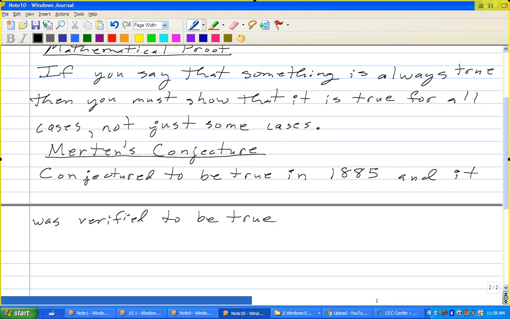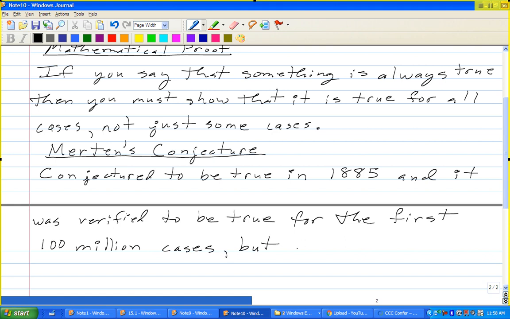Well, they looked at the first few cases, and then eventually computers came around, and it was verified to be true for, I believe, the first 100 million cases. So they looked at the first case, second case, all the way up to the first 100 million cases.